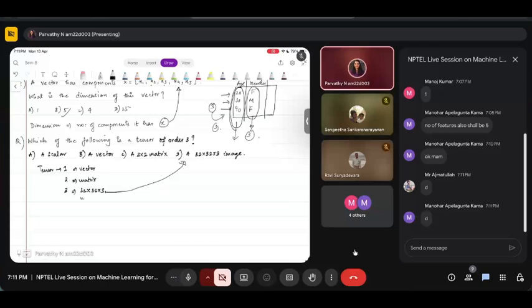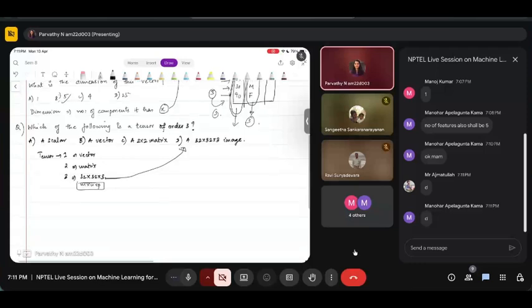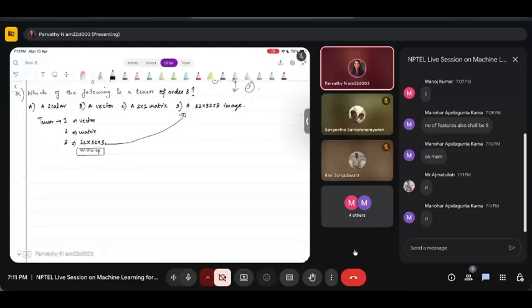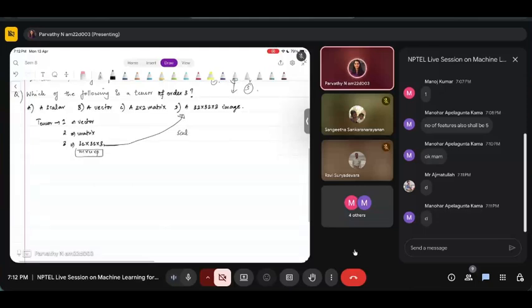It could be m cross n cross p. It could be 3-dimensional. That is what is asked. So the answer is the 32 by 32 by 3 image. Order is the number of indices needed. A tensor of order 0 is a scalar. A tensor of order 1 is a vector.